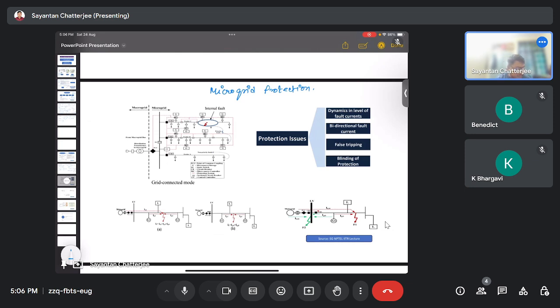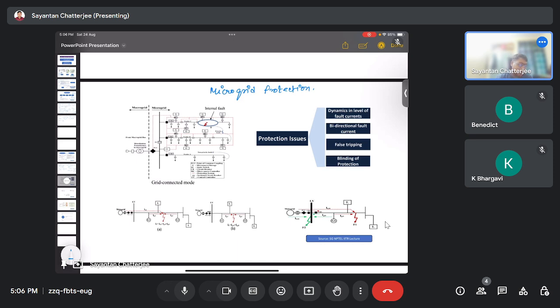With that, some protection issues and challenges do arise in the case of microgrids. Initially we discussed some advantages, but now the problems that we face in microgrid protection.